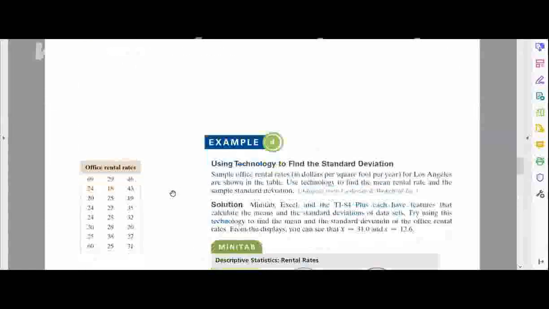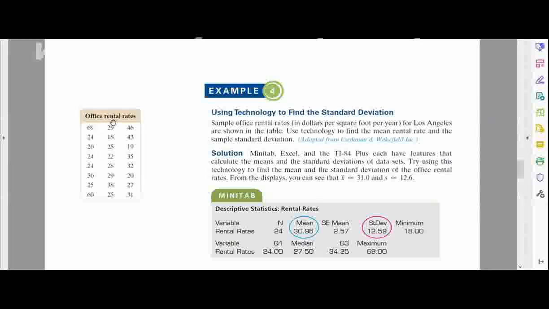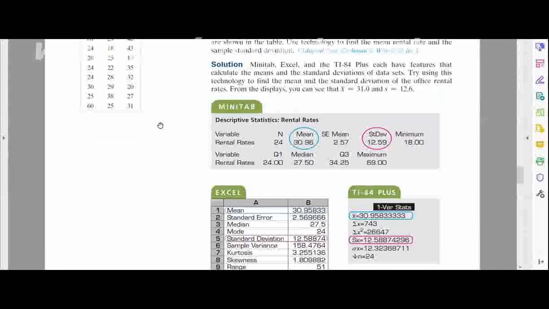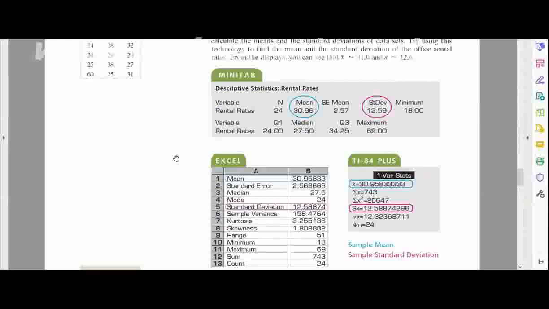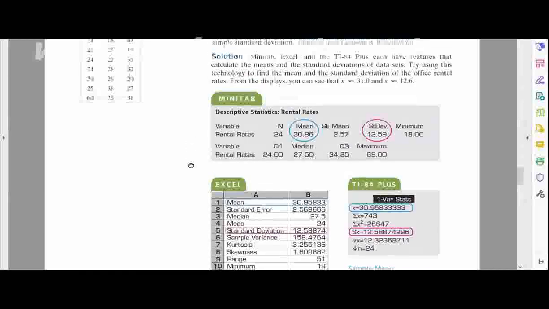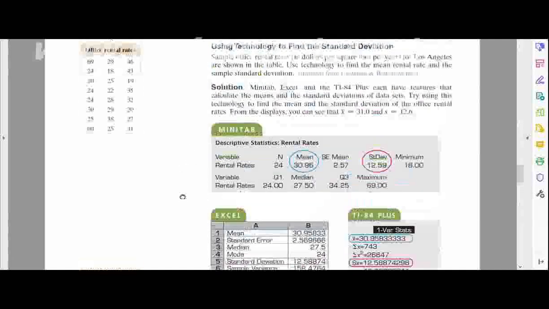For example, on page 5, you're going to see office rental rates listed here. Statisticians use Minitab, Excel, or in some cases TI-84 or 83 to calculate the mean, standard deviation, variance, and other characteristics for the collection.